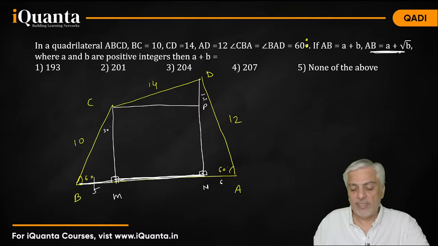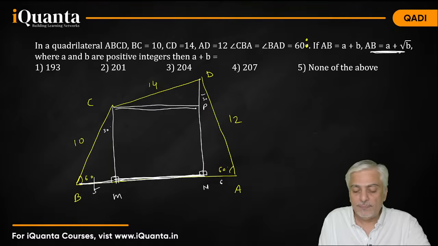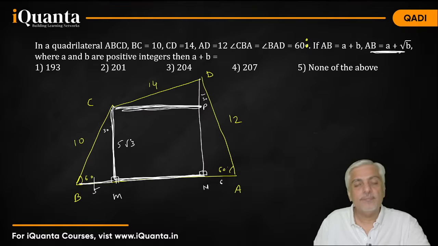Pay attention, everybody. MN will be equal to CP. Can I get CP? Because I can get CM first. CM will be 5 root 3, same 30, 60, 90 theorem.